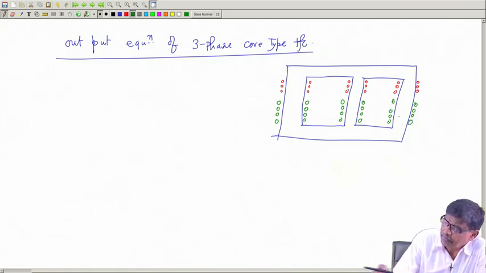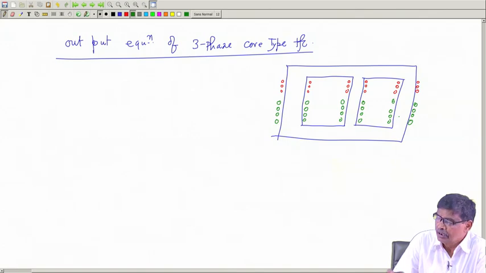Got the point. So, there are 2 windows, and these 2 windows are of equal dimensions because of good design.